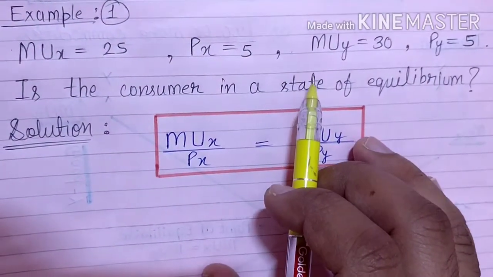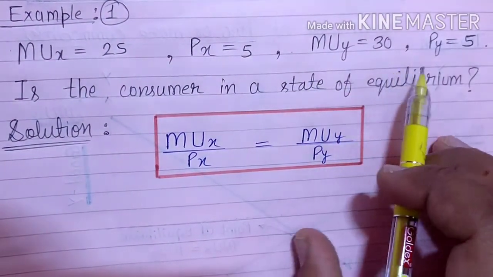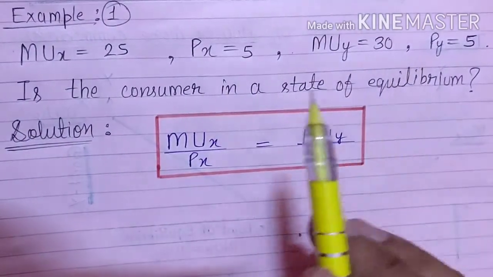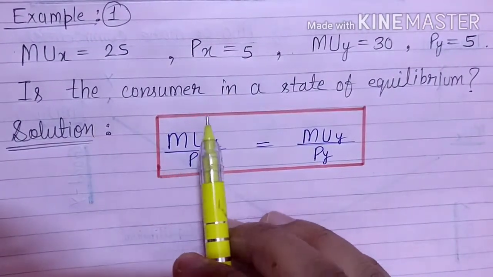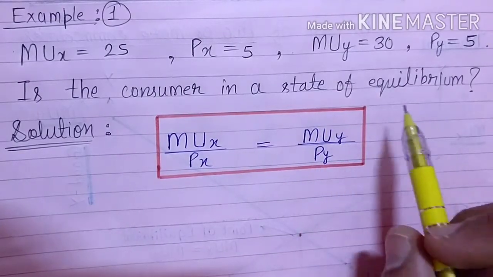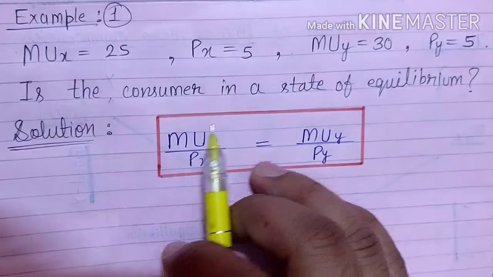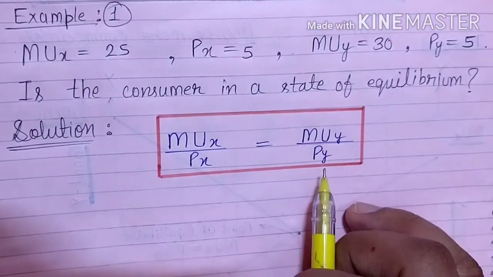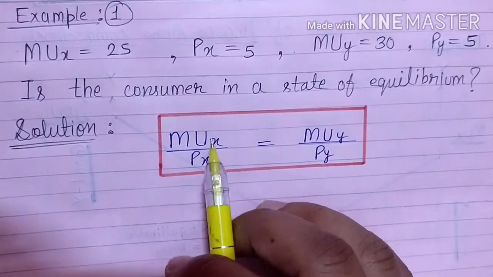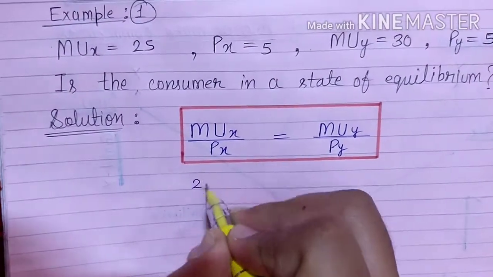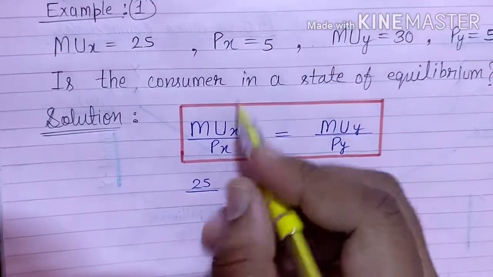Then they have given marginal utility of good Y and price of good Y. On the basis of this, they are asking, is the consumer in a state of equilibrium or not? So for this we have to put our formula, MUx upon Px equals MUy upon Py. So first find the value of MUx upon Px. MUx here is 25, so write 25 upon Px. Px is 5.